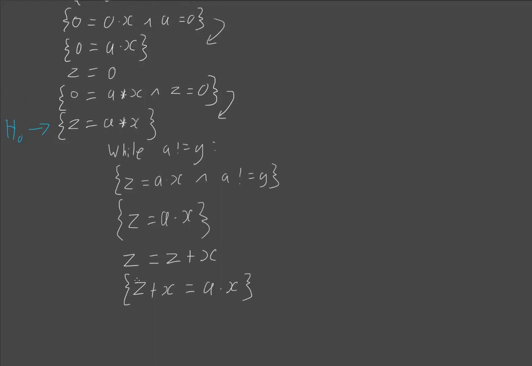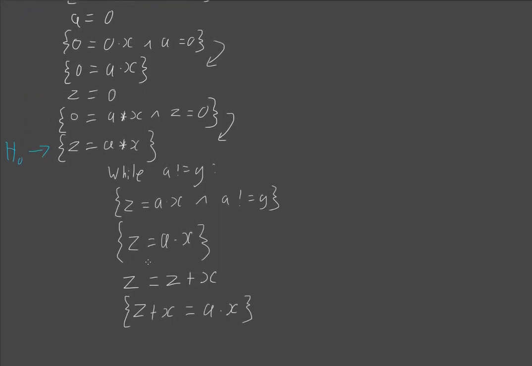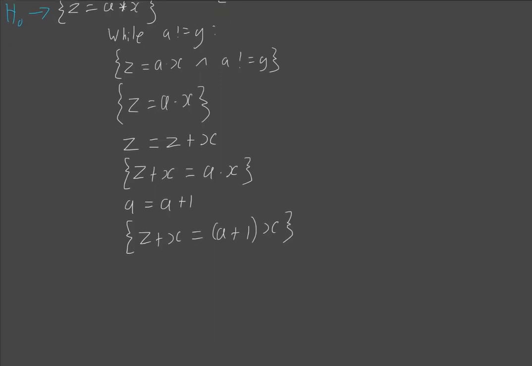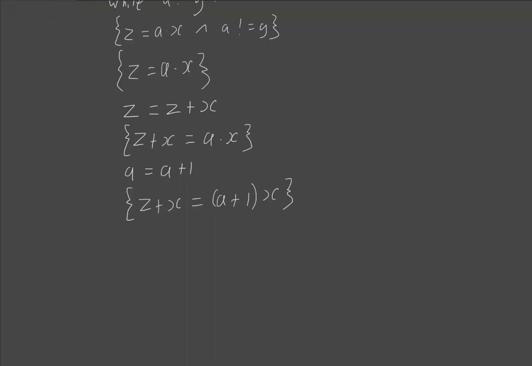And then our next statement, A is equal to A plus 1. So again, if we just substitute this in, Z plus X is equal to A plus 1 times X. And that's just by, again, direct substitution for the A for A plus 1.